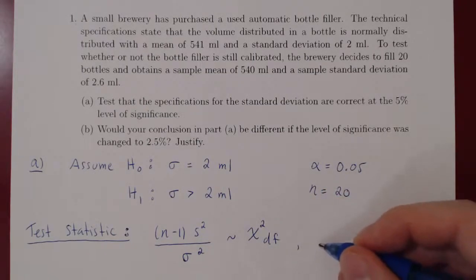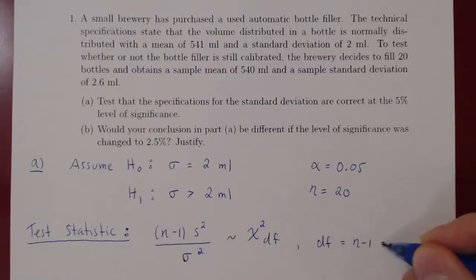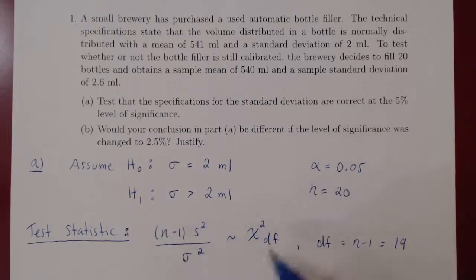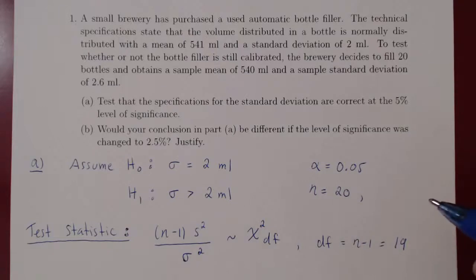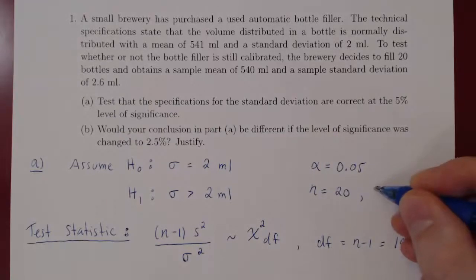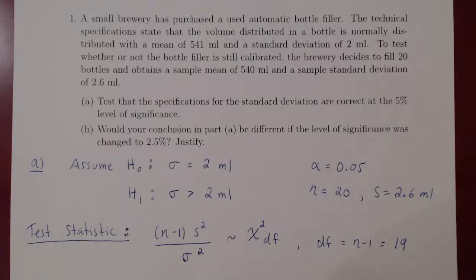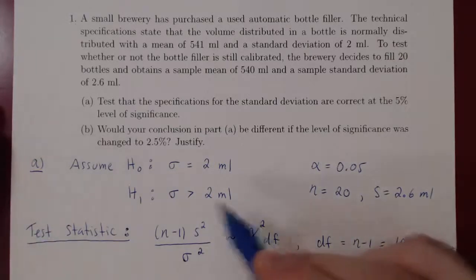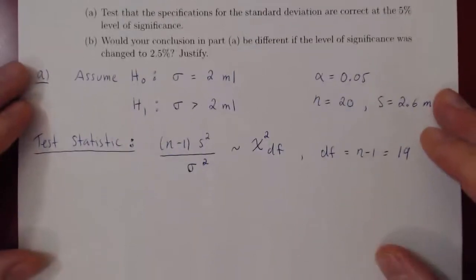And if you remember, the degrees of freedom are simply n minus 1. Since we have 20 bottles in our sample, we have simply 20 minus 1, which is 19. So we have a statistic with 19 degrees of freedom. And one thing I forgot to mention was our sample standard deviation, which was 2.6 milliliters. So s is 2.6 ml. Okay, so we have our statistic, and now let's look at the observed value of our statistic.